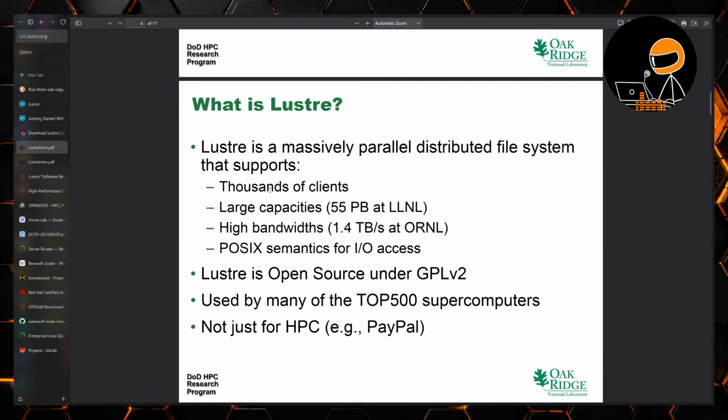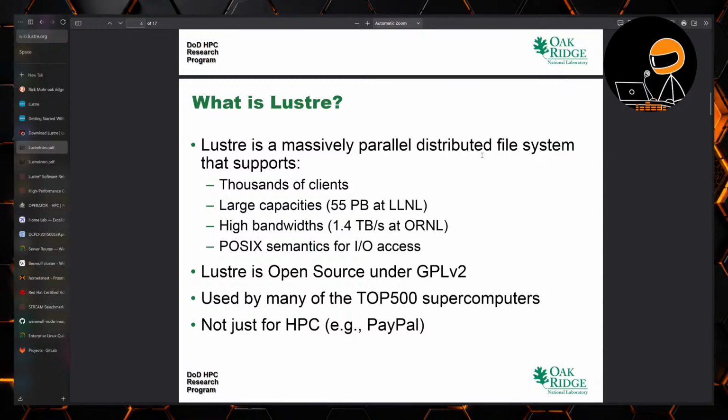What is Lustre? Lustre is a massively parallel distributed file system that supports thousands of clients, large capacities, 55 petabytes. I wish I could say that I was smart enough to know what a lot of this means, but I do know high bandwidth at 1.4 terabytes per second is crazy.